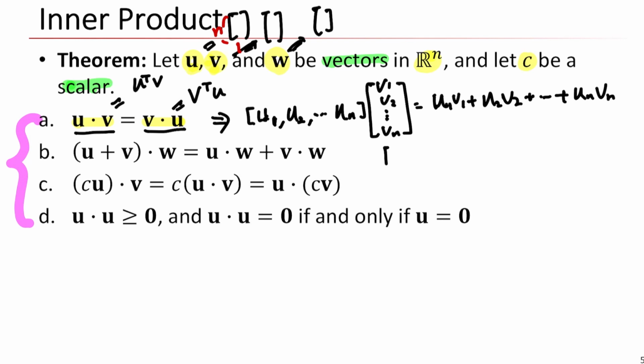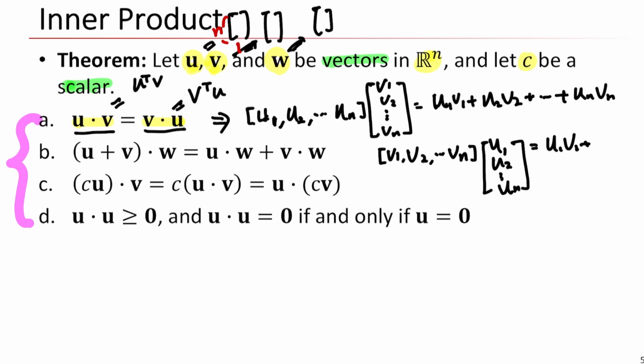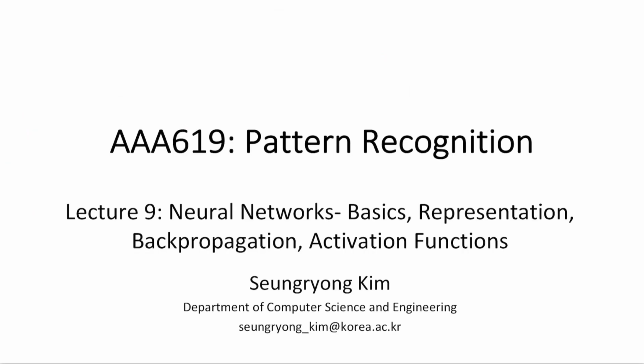This is the left hand side, and the right hand side means v1, ..., vn times u1, ..., un. So v1 u1 plus ... plus vn un. Because these two equations are the same, we can prove this one, right? This is a very intuitive property.